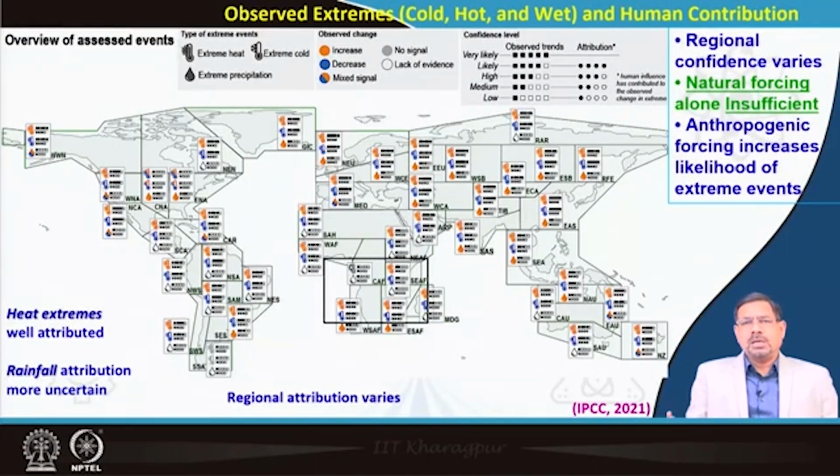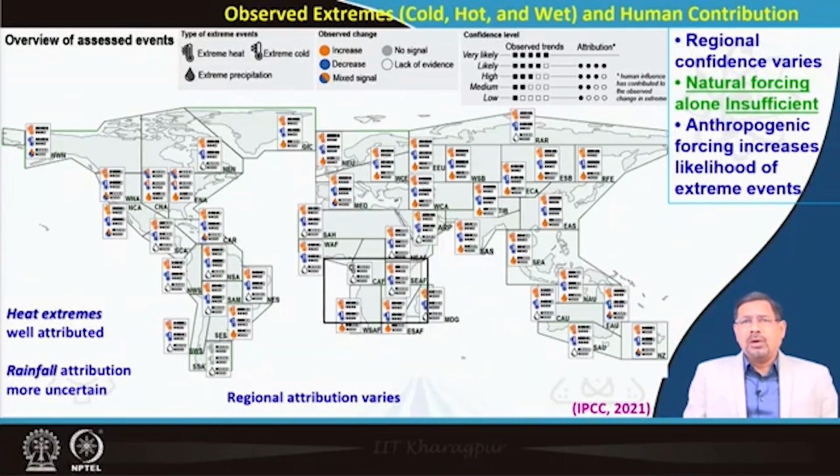We will cover rainfall in our future classes. The regional attribution varies; something will happen in a region because of a local or regional factor. Let us say we have a monsoon pattern in South Asia. It will have a different set of conditions as far as temperature, rainfall and heat extremes are concerned. So, the regional confidence varies.